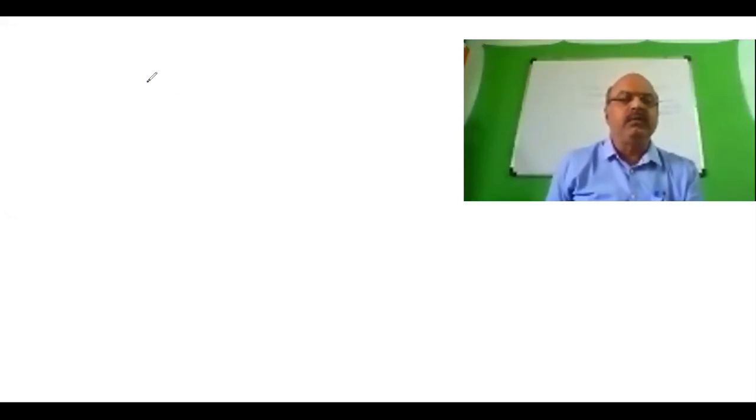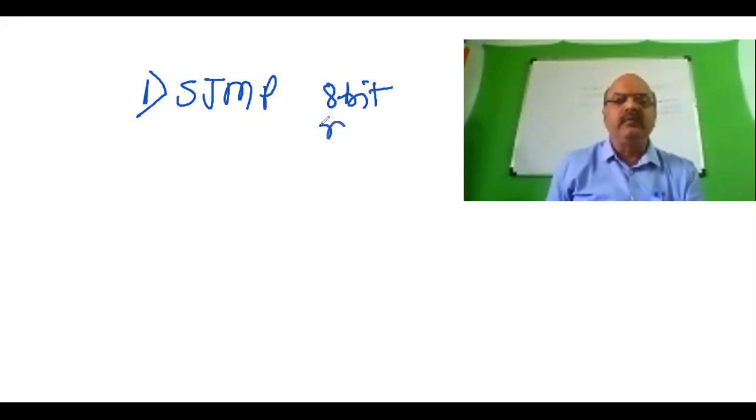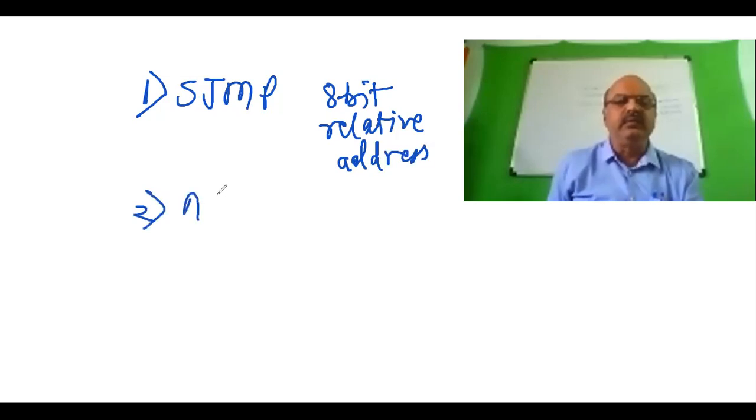So the first type of jump was SJMP, which is an unconditional jump, and here we give the 8-bit relative address. The second jump was AJMP.